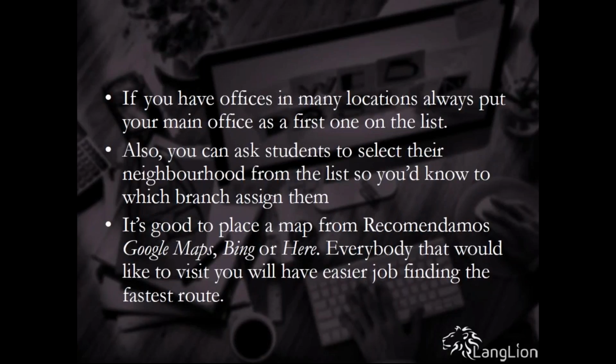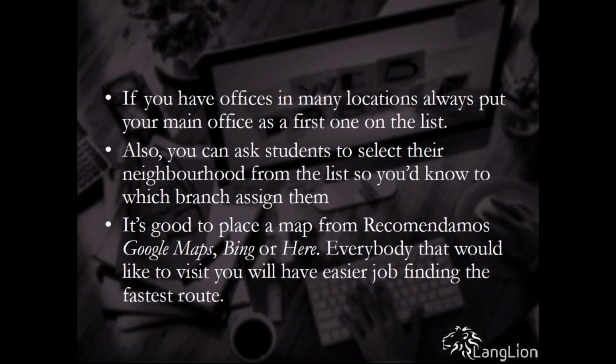If you have offices in many locations, so if you have branches, always place your main office as the first one on the list, because sometimes the main office manages all the registrations, or the main office first processes everything. So it's better first to contact the main office, and then you will assign them to the branch.